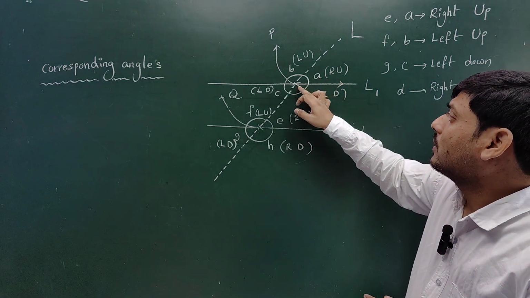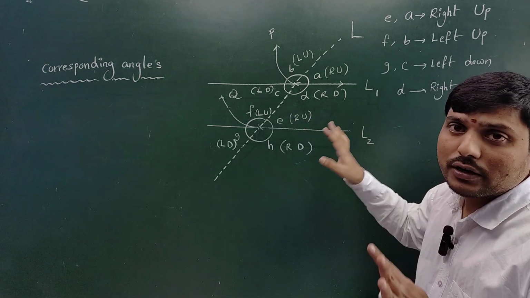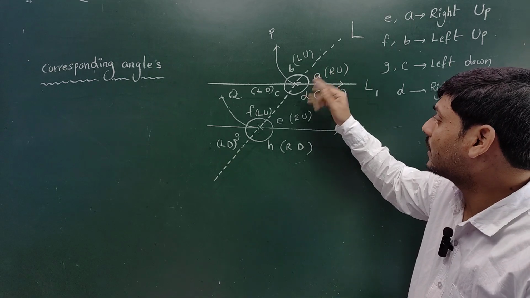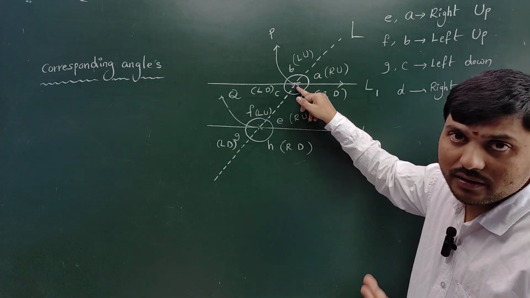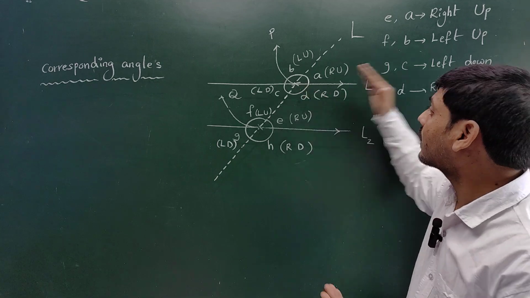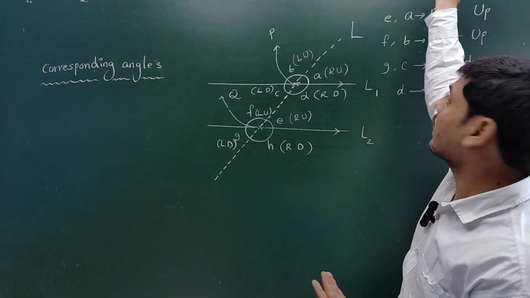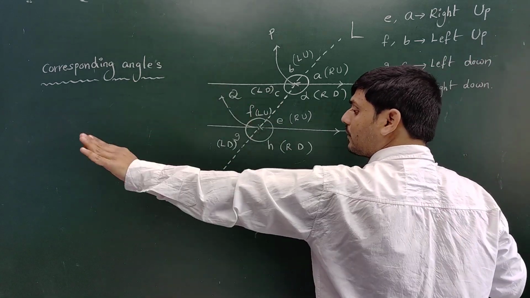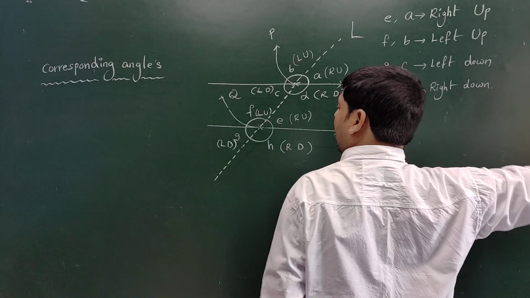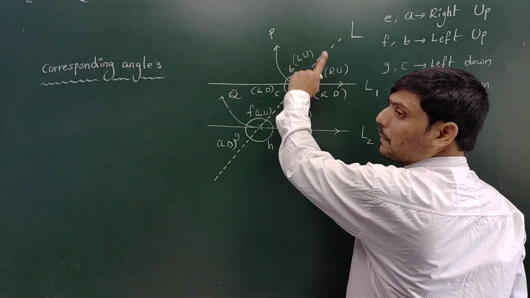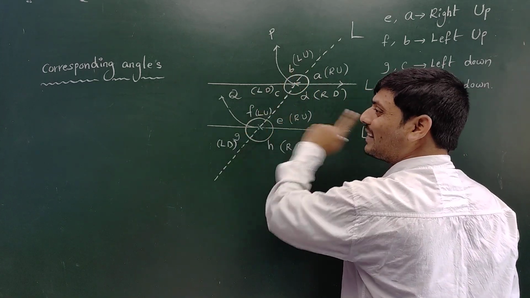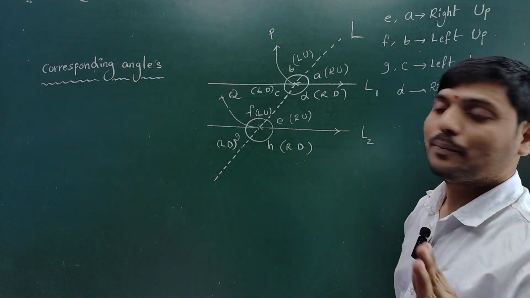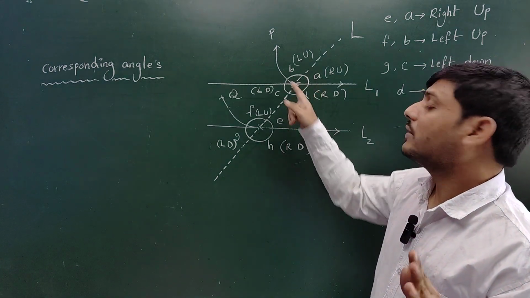At the point P there are angles A, B, C, D. A is on the right side and upside, B is left side and upside, C is left side and downside, D is right side and downside. These are the names by position of the angles at point P: right up, left up, left down, right down.